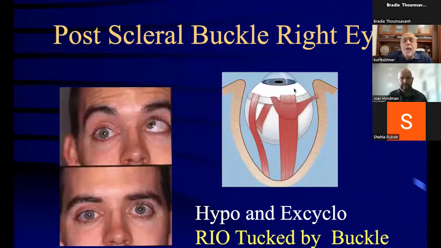So what happened was when the retinal surgeon put a hook under the inferior rectus, probably came from this direction, hooked the inferior oblique and pulled it forward and then passed the silicone band underneath it and put this bend in the inferior oblique, and you get a restrictive hypotropia, basically being tucked by the buckle.